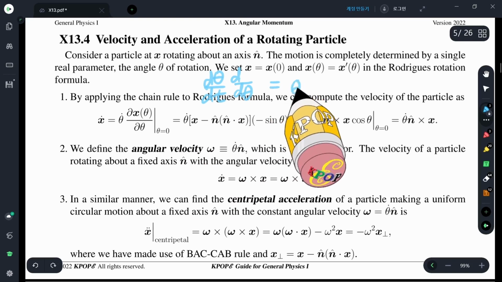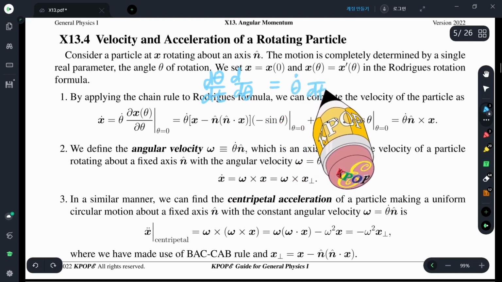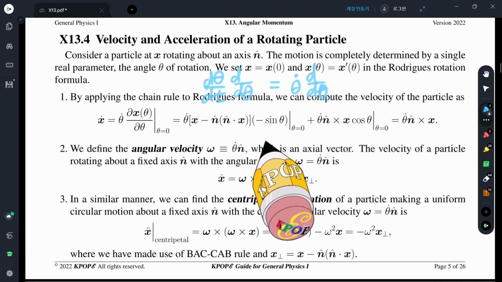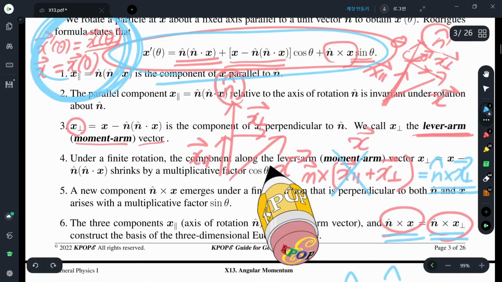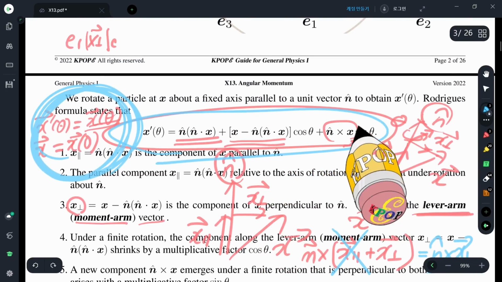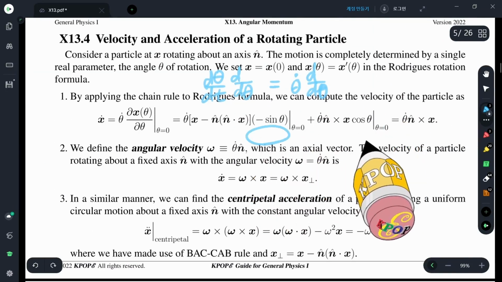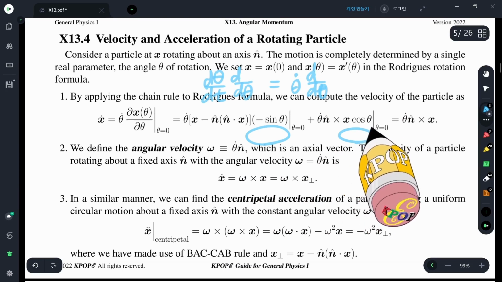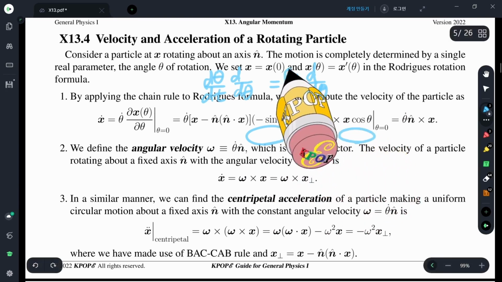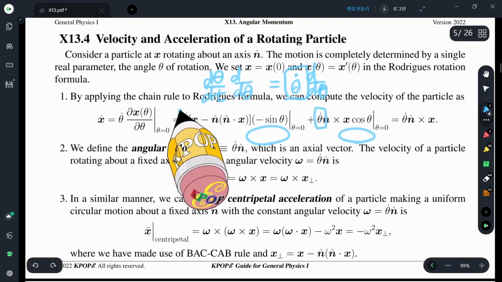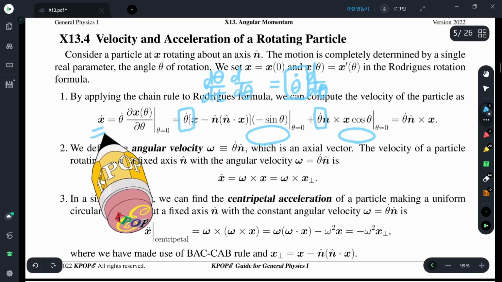So that is a theta dot and time angle derivative. Cosine becomes a minus sine, and sine becomes a cosine. And then chain rule gives another factor, theta dot. So that is the velocity.